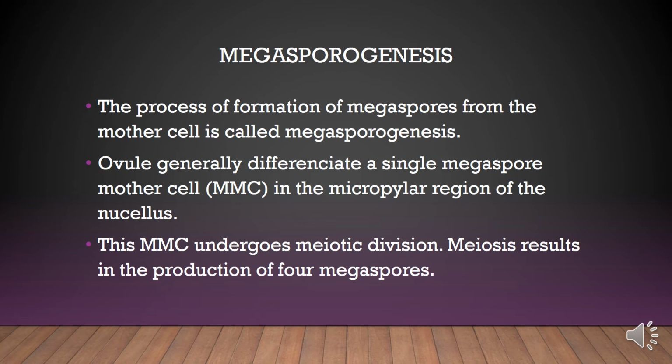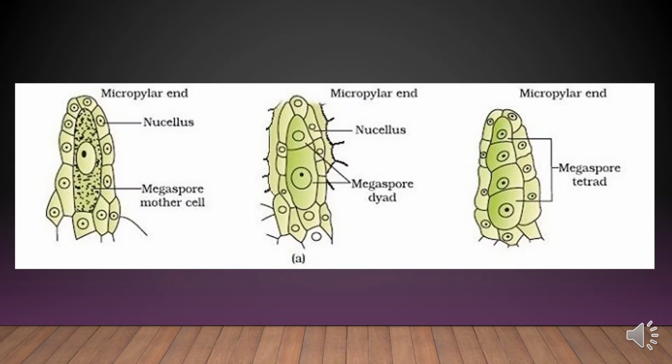The MMC, that is the megaspore mother cell, undergoes meiotic division. Mitosis, meiosis, you know very well. Meiosis results in the production of 4 megaspores. Here the 4 megaspores are there.